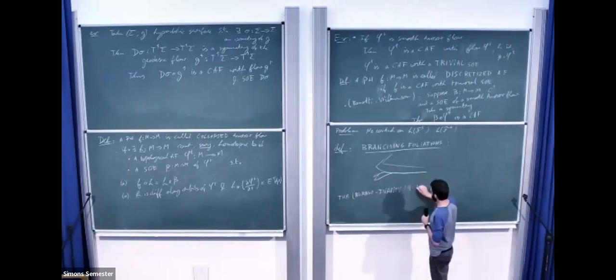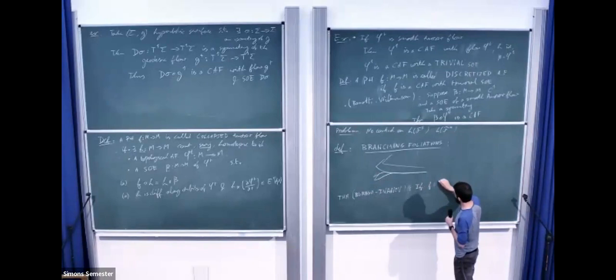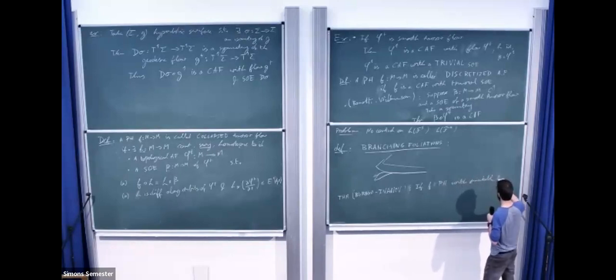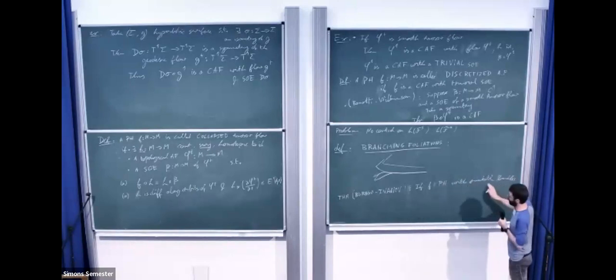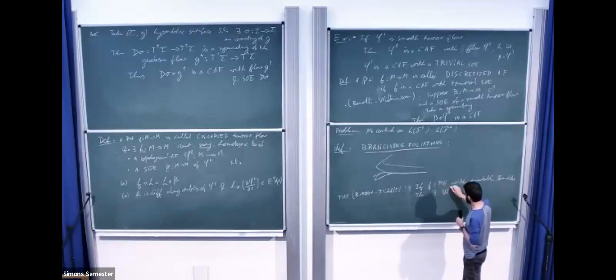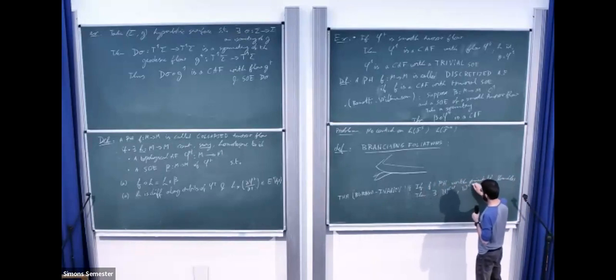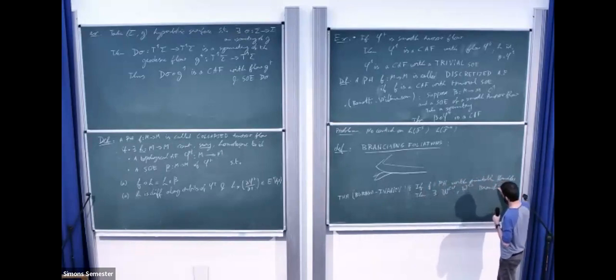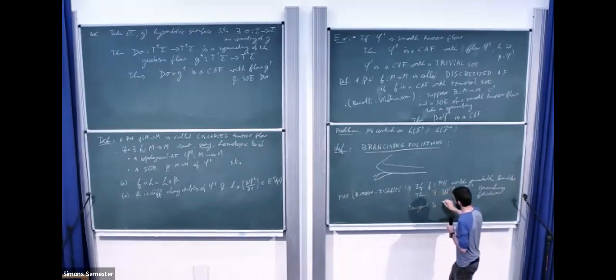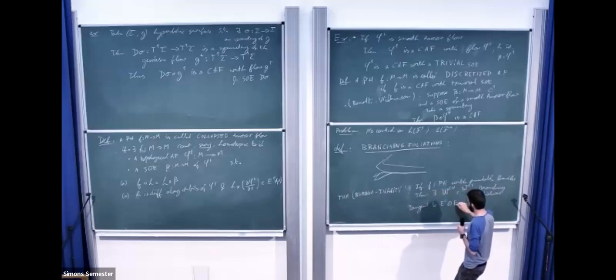If F is partially hyperbolic with orientable bundles, to assume that E^S, E^U, and E^C are all orientable, then there exist branching foliations, I'm going to call them W^CU and W^CS, that are tangent to E^C plus E^S and E^C plus E^U.